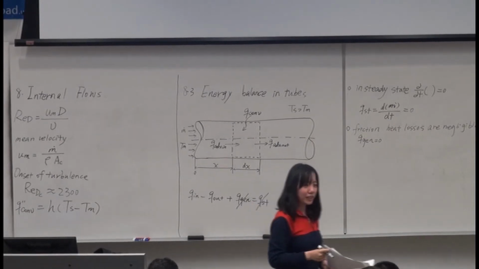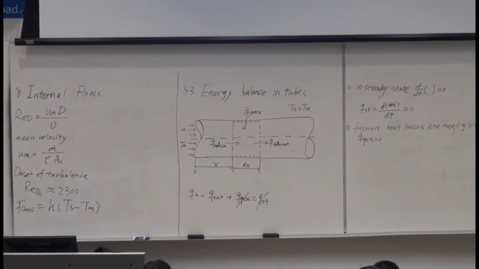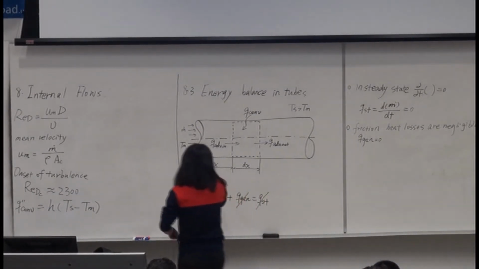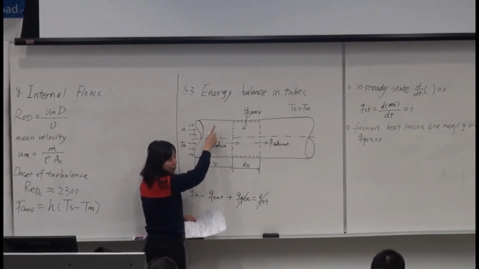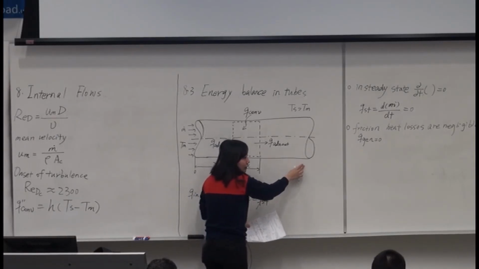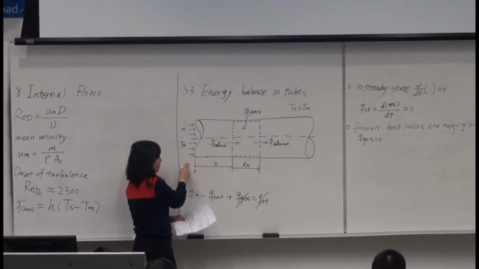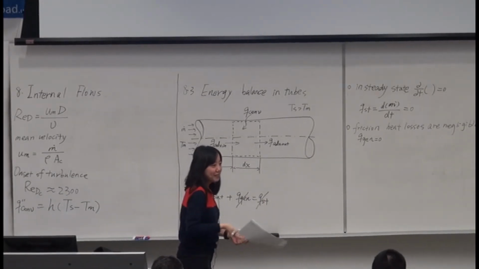How about conduction? Yes, because when the fluid comes to this part, it gets heated by the pipe, right? Then perhaps at the part here, the temperature should be higher than at the inlet. That's how a heat exchanger works.